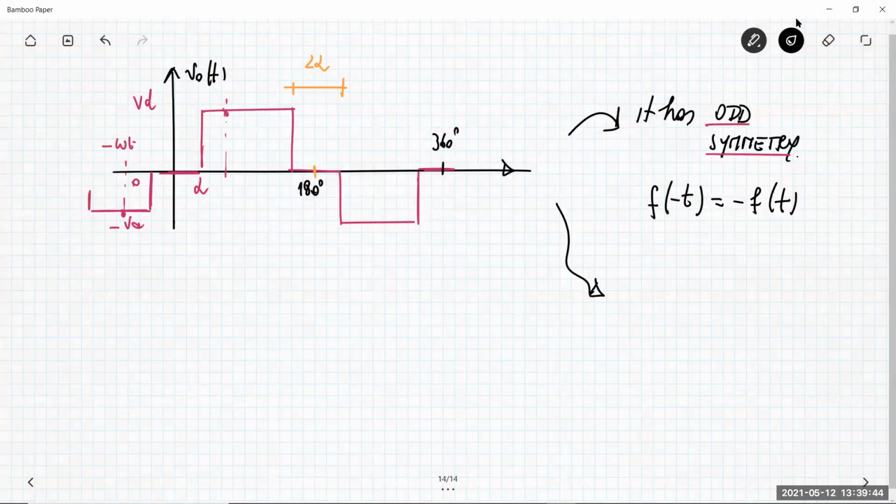Then it has another symmetry, which is called the half wave symmetry.